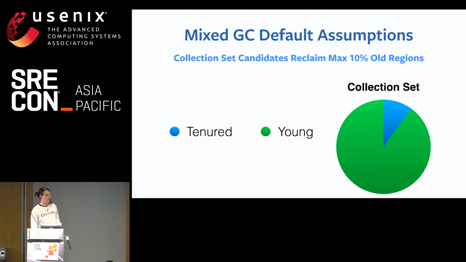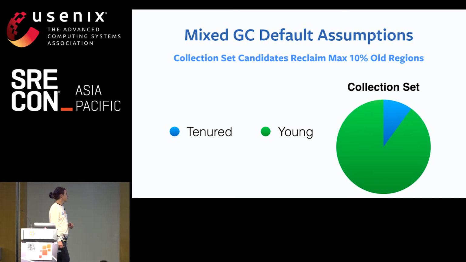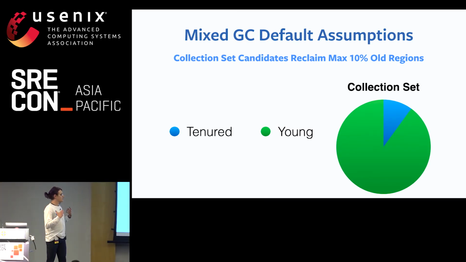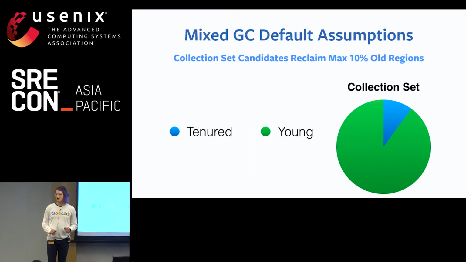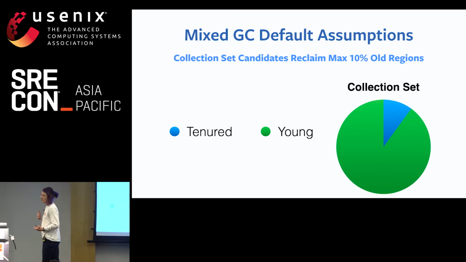The next problematic default assumption that we encountered is that in the collection set, during a mixed GC, only 10% will be tenured regions. So even if you've got a lot of garbage in your tenured heap, by default, 90% of your cleanup operations will be focused on the Eden space, on the young generation. And this doesn't work well either. We bump that up to 50%.